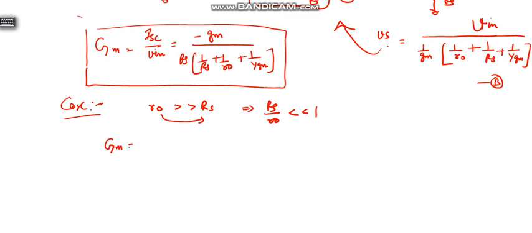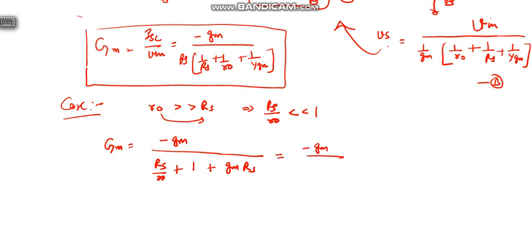So Gm is given by minus Gm divided by RS by RO plus 1, plus Gm RS. Basically we are taking RS inside this, and this equals Gm, because RS divided by RO is much less than 1, so we consider it as 0 as compared to 1, and we will put Gm RS.